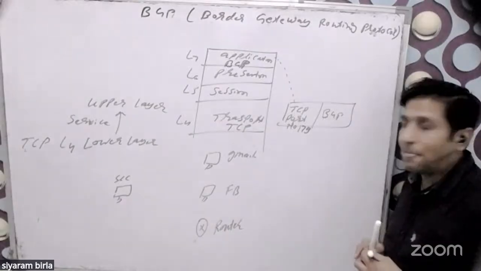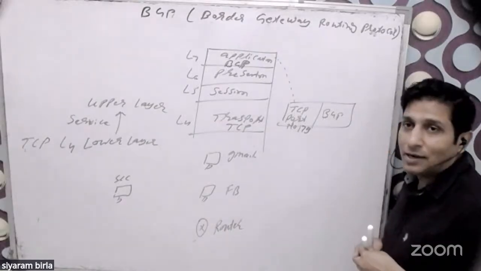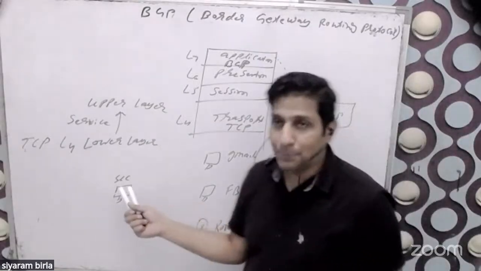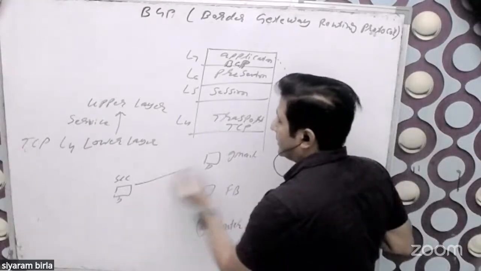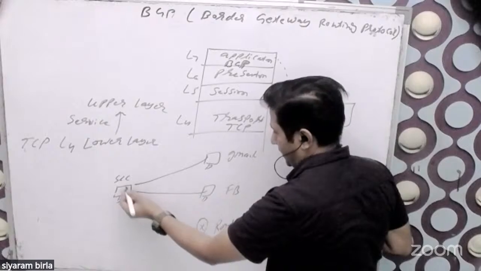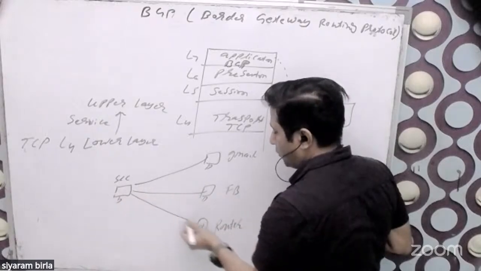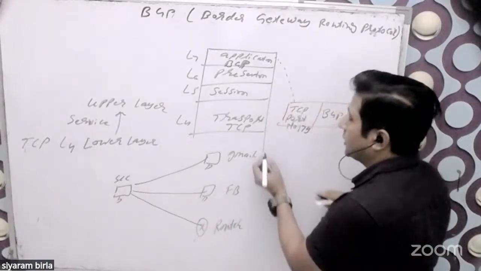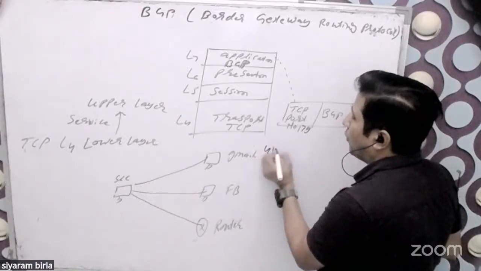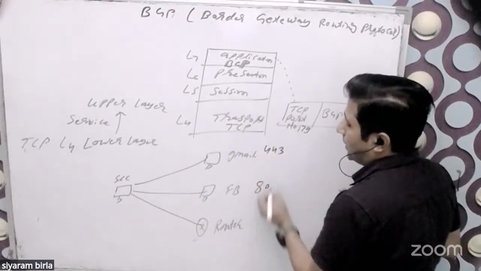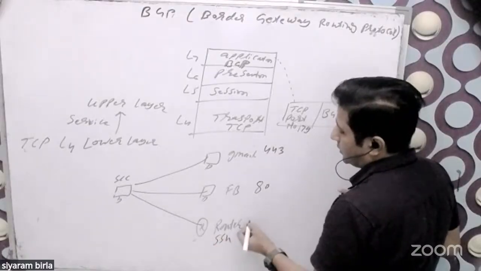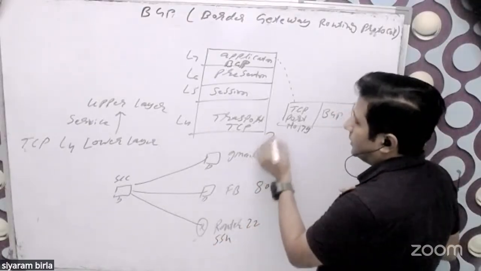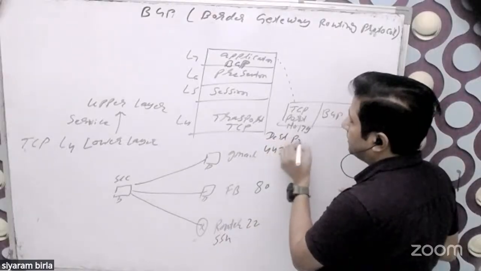There are three destinations and the PC is the single source, accessing Gmail, Facebook, and the router. Suppose Gmail's port number is 443, Facebook's port number is 80, and we use SSH, which is port number 22. These are the destination ports.